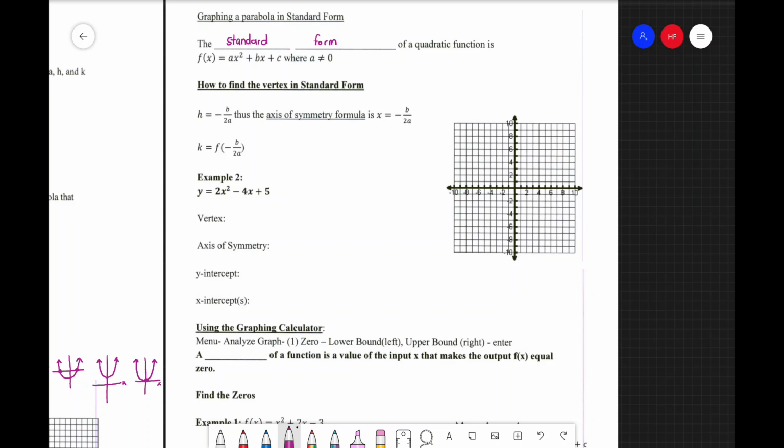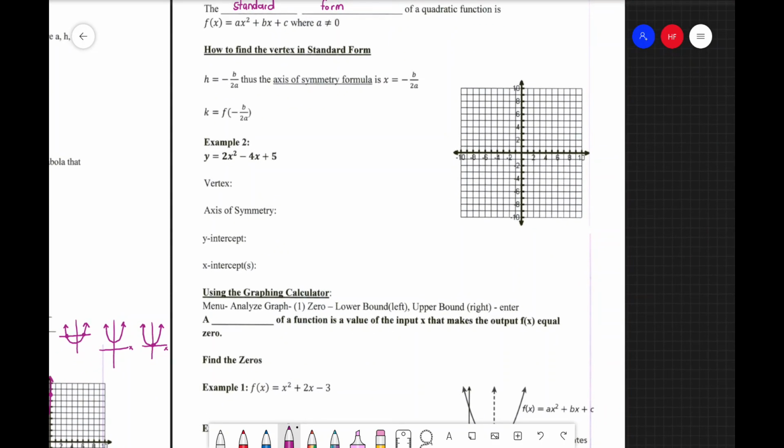This is why I tend to prefer vertex form over standard form. So to find the vertex, we've got h or x equals -b over 2a. So then the axis of symmetry is x equals -b over 2a, and then k equals plugging in that value. This looks really funky, but just plug it back in.